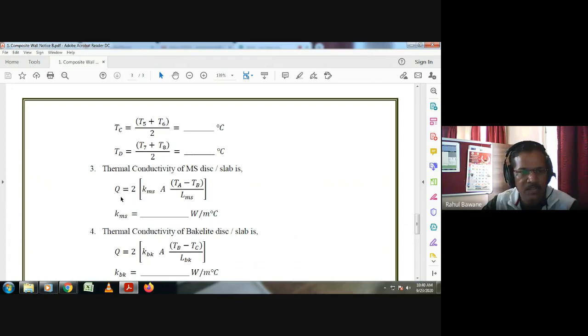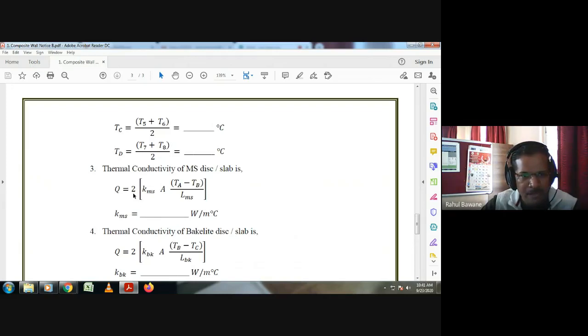That means whatever heat is evolved is divided into two parts, and one half travels through the top composite wall and the second half travels through the bottom composite wall. So either you may write Q by 2 is equal to KA dT by dx, or you may write total Q is equal to twice, because there are two slabs.